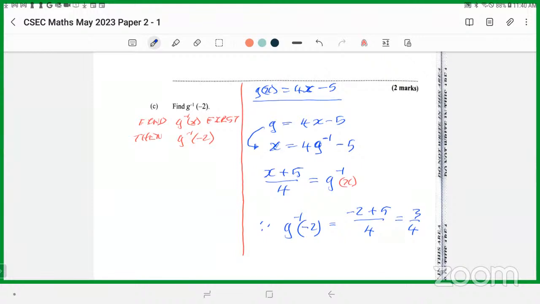After the class is over, you can use the video, look back at the questions, pause the video, do the question on your own, use the video to check your work and see if you have the right thing. If you don't remember something, you'll see the explanation again. But this class is about me explaining the solutions.